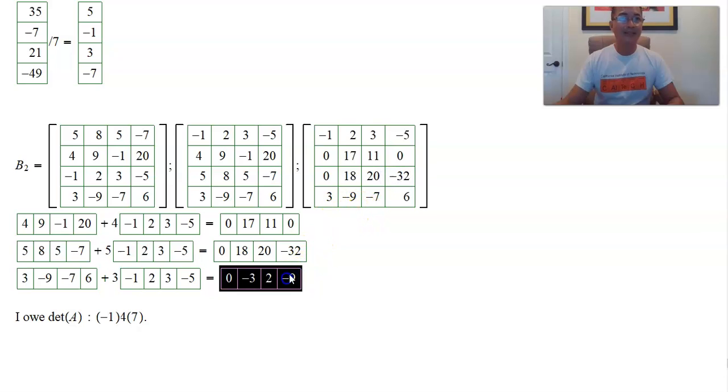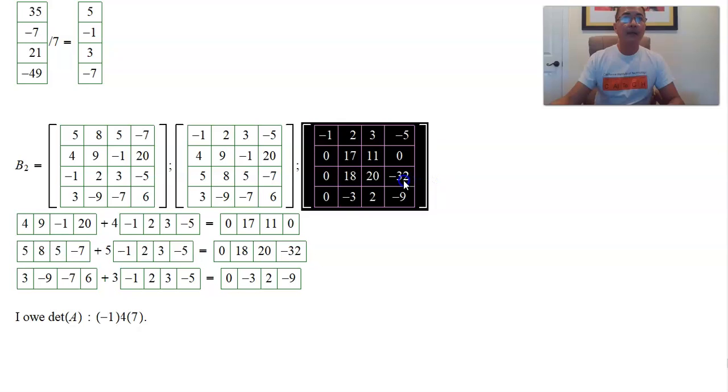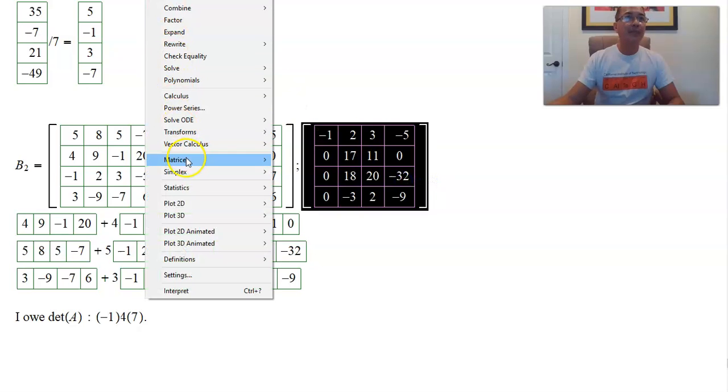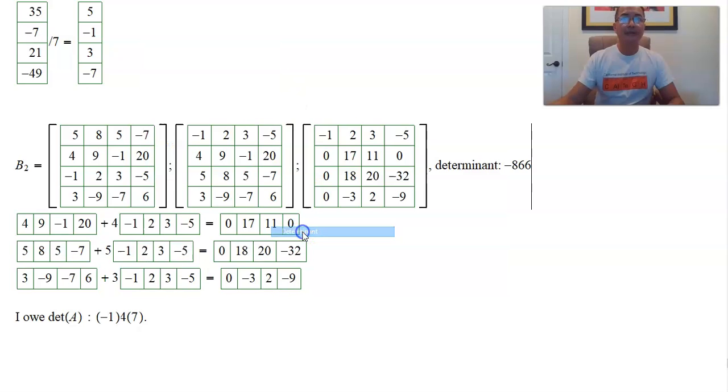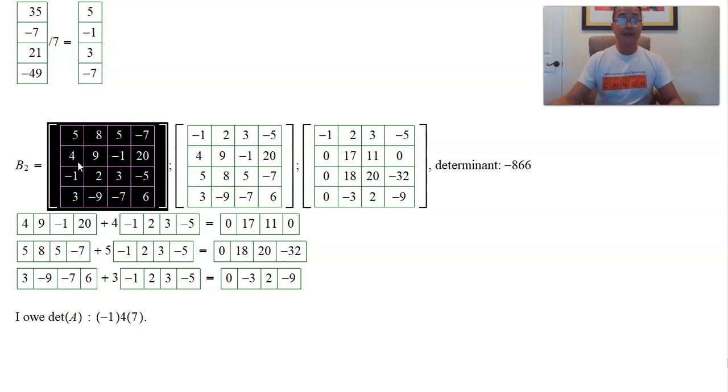And you know what? Let's check. What is the determinant that we get here? Compute matrices determinant -866. So remember for D2, I believe it was positive 866, but we did the switch.